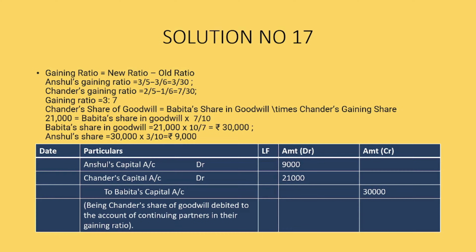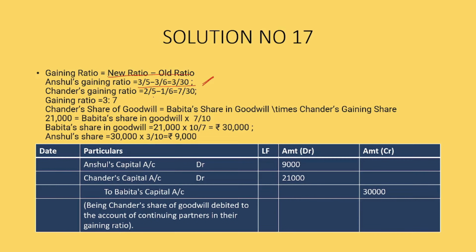Now let's move on to the solution for this question. We have to find out the gaining ratio first. The formula will be new ratio minus old ratio. Anshul's gaining ratio will be 3 by 5 minus 3 by 6, that is 3 by 30.